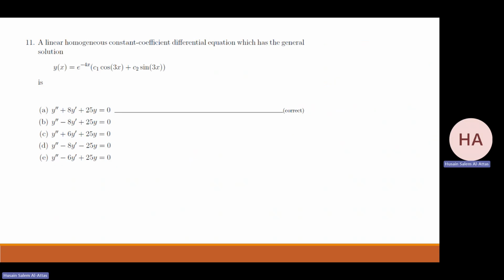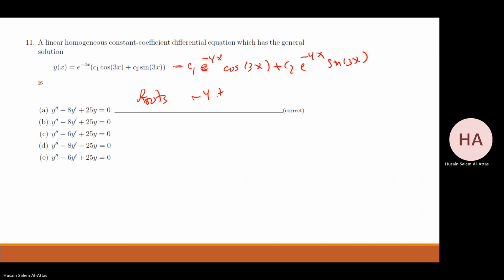We did it before. Homogeneous coefficient. I want to find the equation now. So this is c1 e to the minus 4x cosine 3x plus c2 e to the minus 4x sine 3x. So it will be the roots. What are the roots? Minus 4 plus or minus 3i.